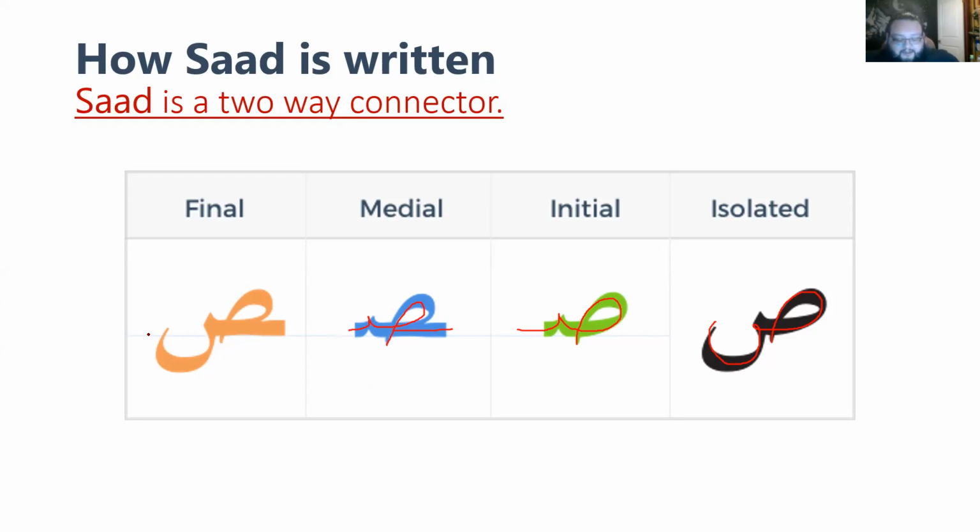شكرا. Okay. So now the last thing, I wanted to present the صاد with all the حركات. So صاد with فتحة ص, or with a ضمة, so it's صو, or with كسرة, so it's ص, or when it's followed with a long vowel, so it's صا, or with the long vowel waw, so it's صو.